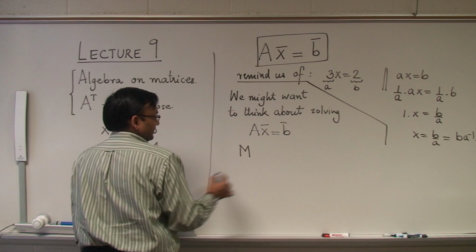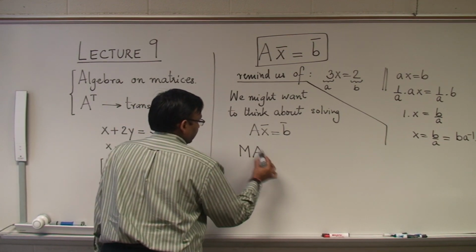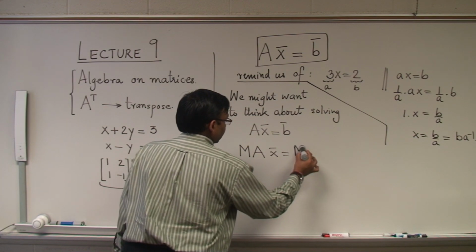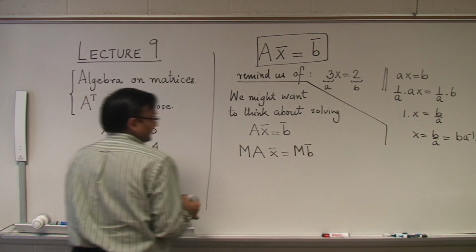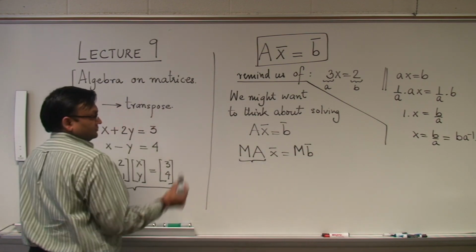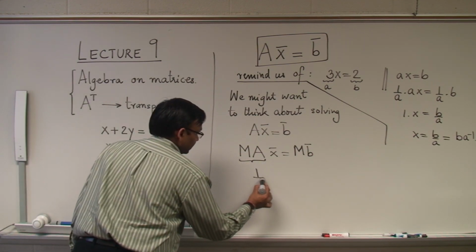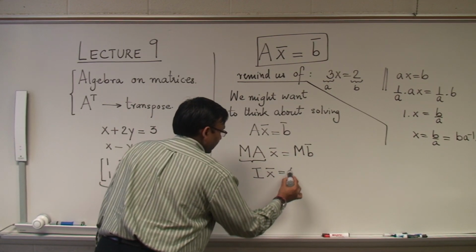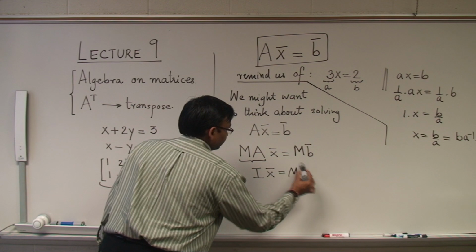Let me call that matrix M. Can I multiply by my matrix M on the left hand side and also on the right hand side, such that this product turns out to be just acting like 1? Remember the identity matrix. So can we have something like this?